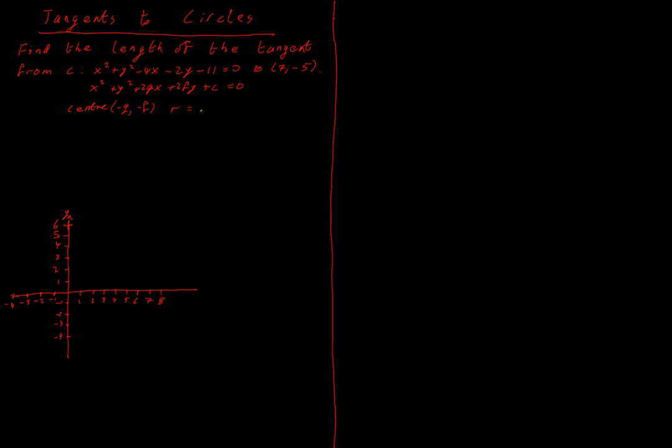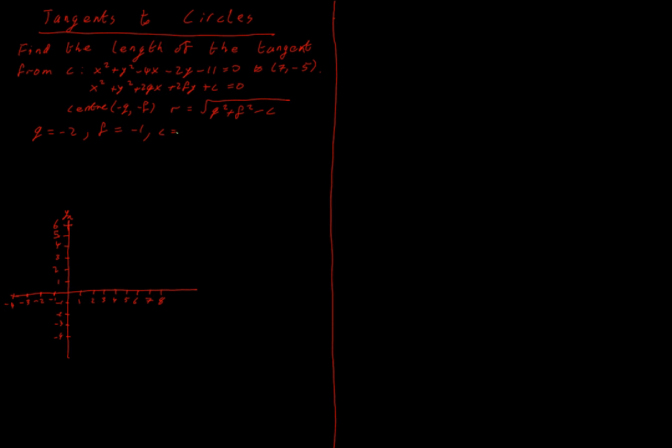And we know that the radius, again, all of this given to us in the log tables, is given by this equation. Let's write down our g, f, and c. So g is going to be half of the coefficient of x, which is -2. f is going to be half the coefficient of y, which is -1.